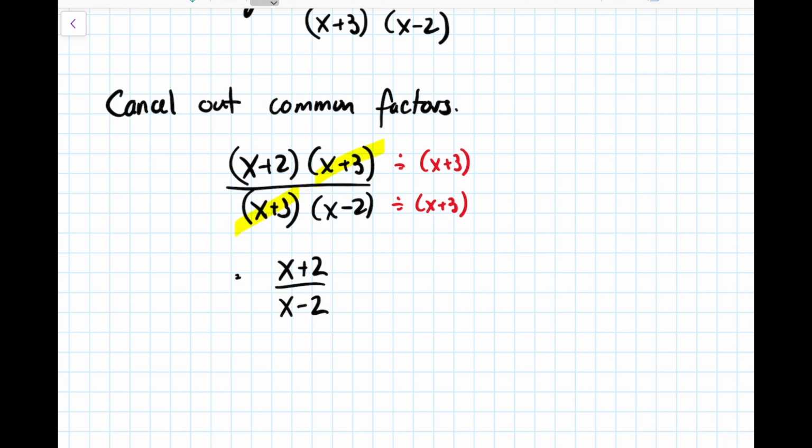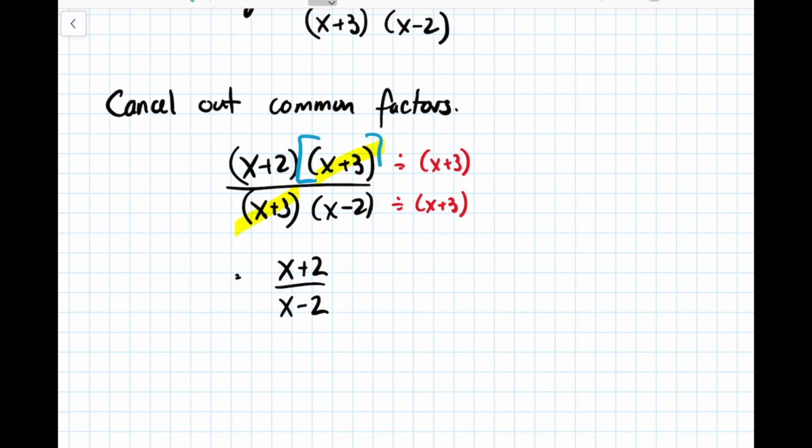You cannot simplify these further. Incorrect simplification is probably one of the most common mistakes in this chapter. You can't divide the top and the bottom by, say, 2 here, right? You can't cancel out these, because if you're going to divide by 2, you have to be able to divide everything by 2. So you can cancel out separate factors, things that are being multiplied together like we had here, right?